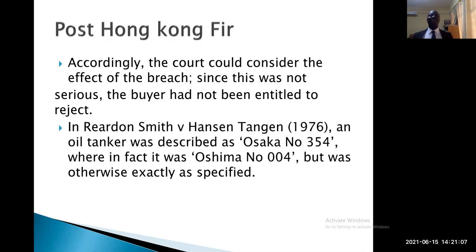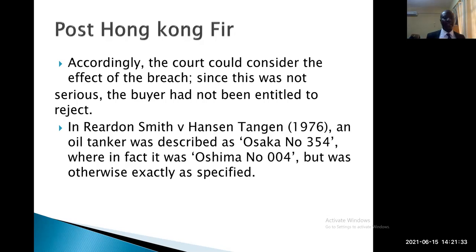In some appropriate circumstances, you need to look at the actual breach which has occurred and what is the effect of the breach on the rights of the innocent party under the contract. And that is what would actually be the guide, and not any predetermined classification, as it were.